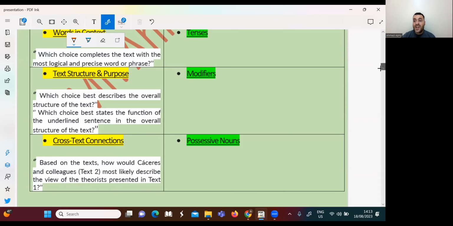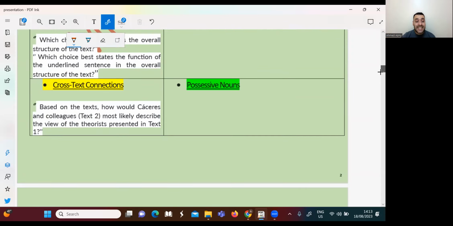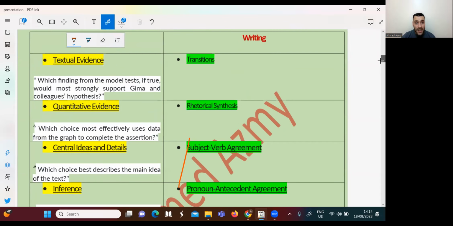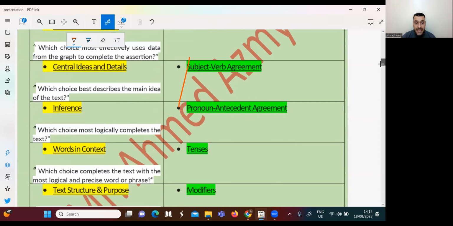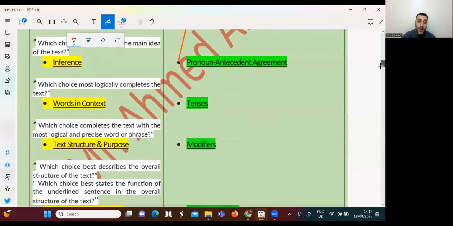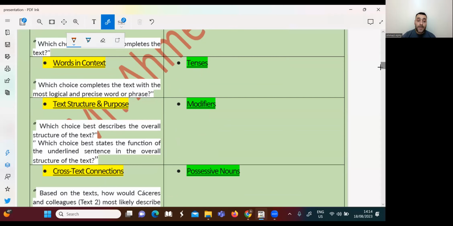So these are the reading skills you will be tested on: textual evidence, quantitative, central ideas, inference, vocab, text structure and purpose. Text structure and purpose: what's the purpose of the text? What's the overall structure of the text? And the paired texts, or the cross-text connections.